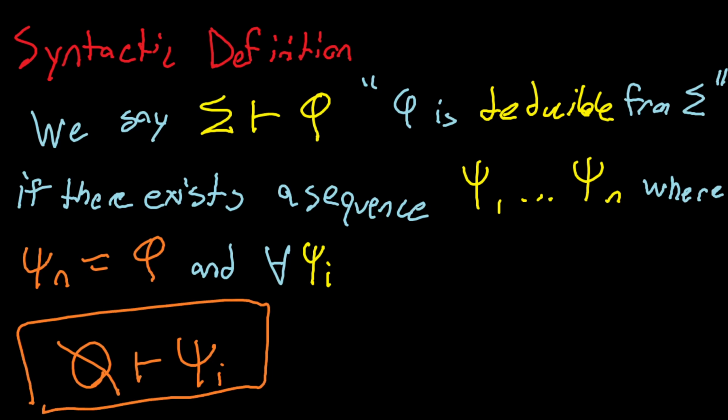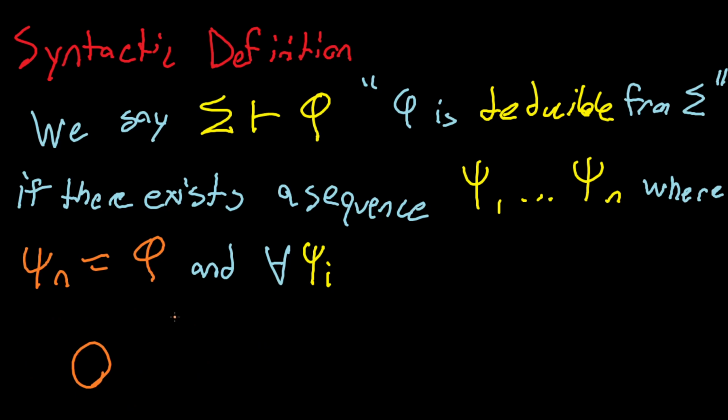Once I've written down this definition, maybe you can prove that the tautologies are exactly the sentences deducible with no premises. Okay. And so one possibility is that psi i is a tautology. Or another possibility is that psi i is just an axiom.